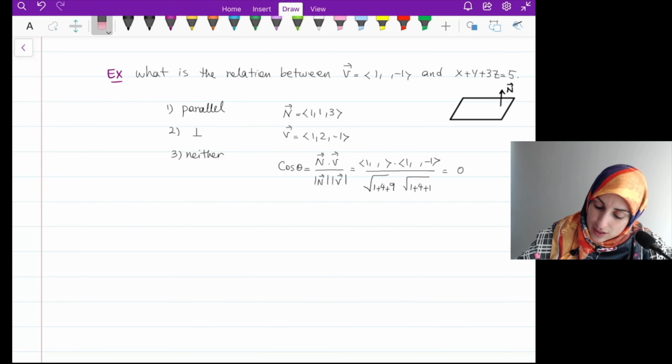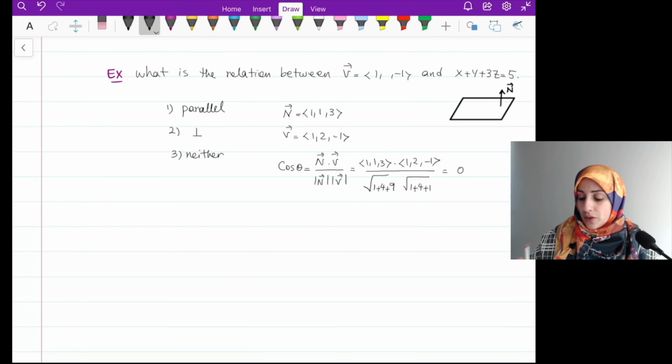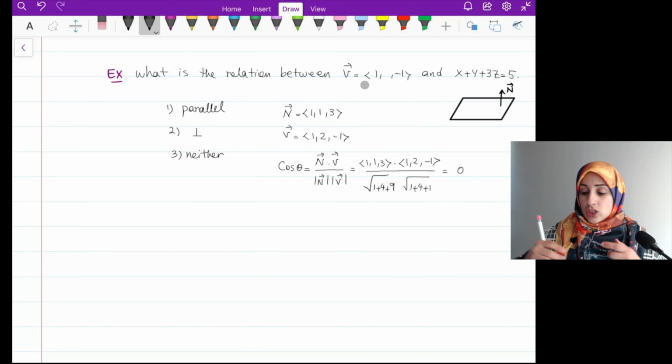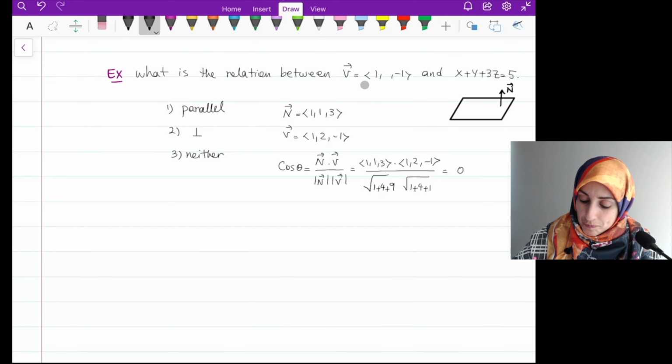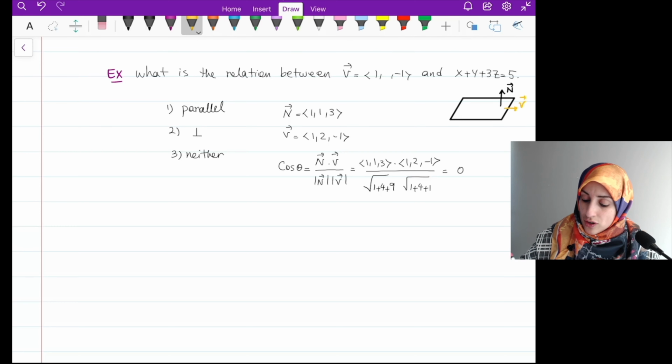No, this is 1, 1, and 3. This is 1, 2, and then negative 1. Great. So the cosine theta would be 0, meaning that these n and v are parallel.